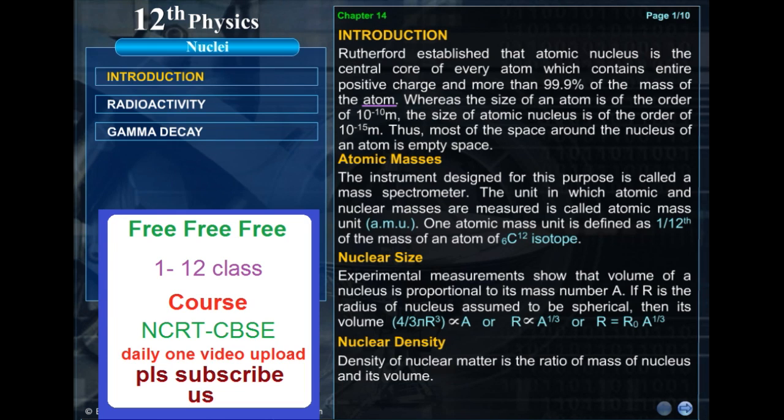Nuclear density. Density of nuclear matter is the ratio of the mass of the nucleus and its volume.